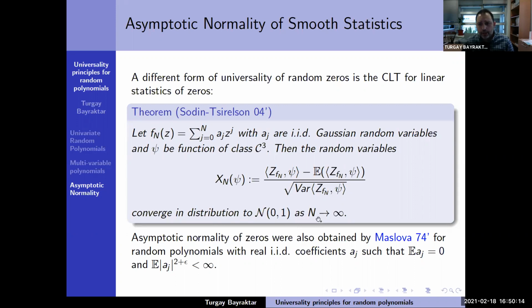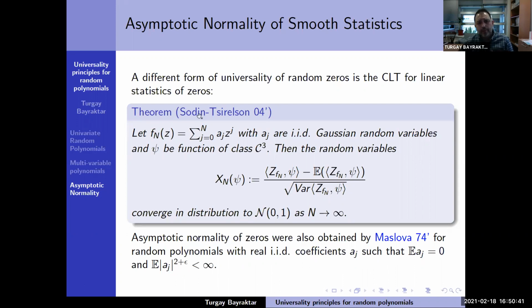Earlier, there were some results that go back to Maslova, under different conditions, of course. I think when the coefficients are IID, their mean is 0 with 2 plus epsilon finite moment.